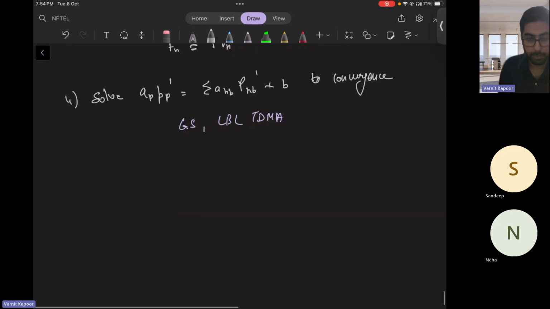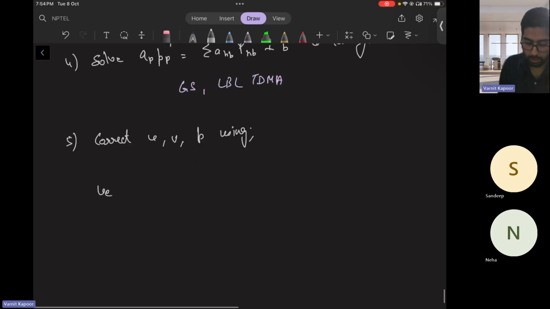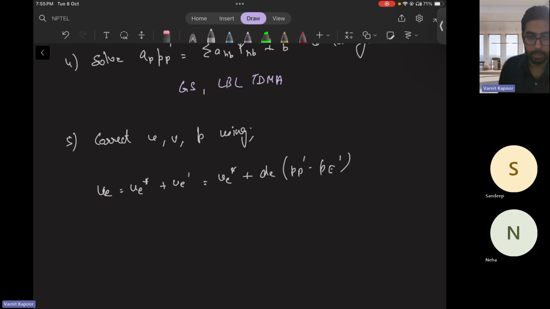Then next step, correct U, V, P using U E is equal to U E star plus U E dash, where U E star plus D E into P P dash minus P E dash.